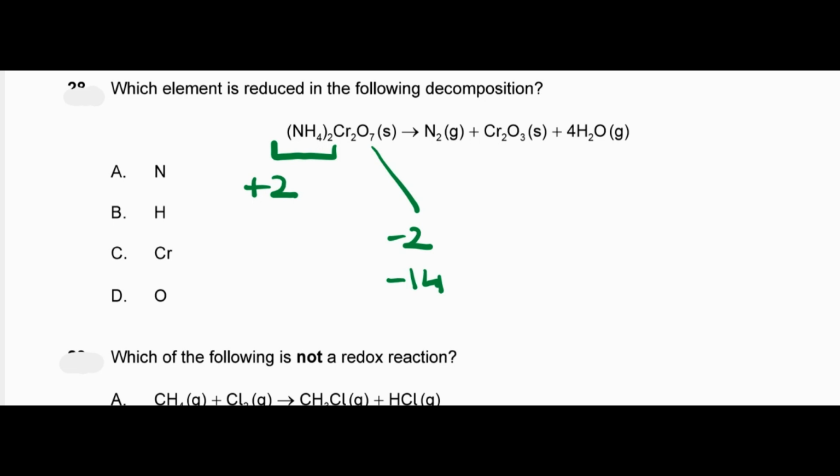So -14 +2 is -12, divided by 2 means the chromium will be +6. So let's see how everything's changed. Well, the nitrogen is now 0 because it's an element. The oxygen is still -2 times 3, -6. So the chromium's changed because it now must be +3. So what's being reduced? Well, that's the chromium.